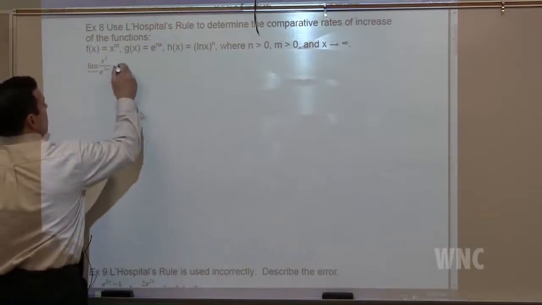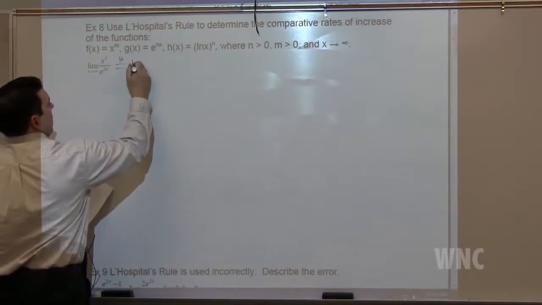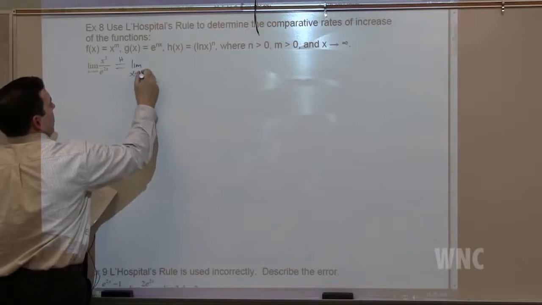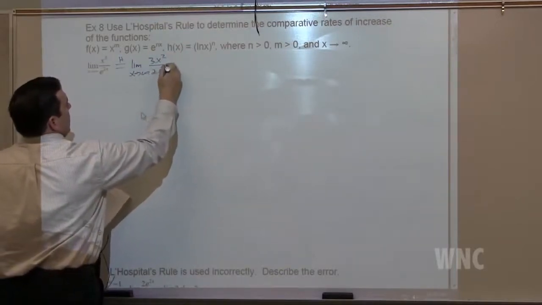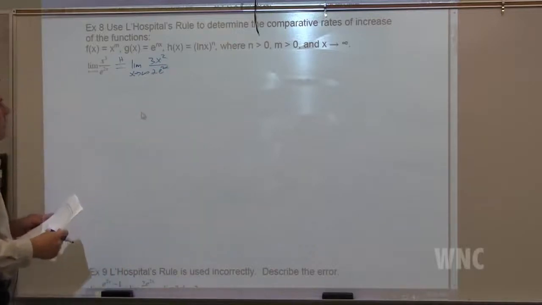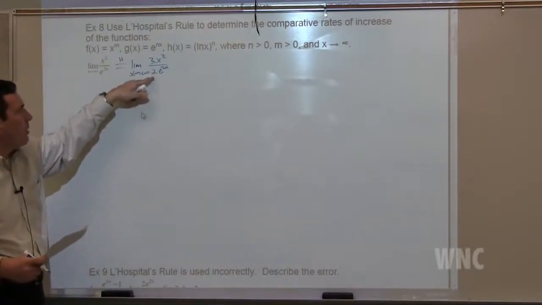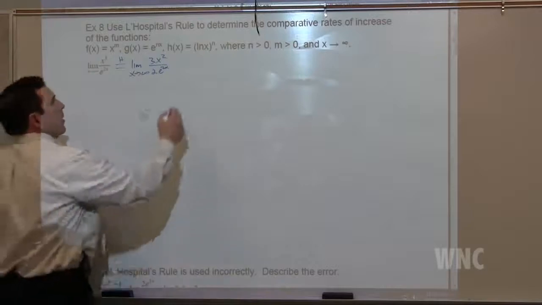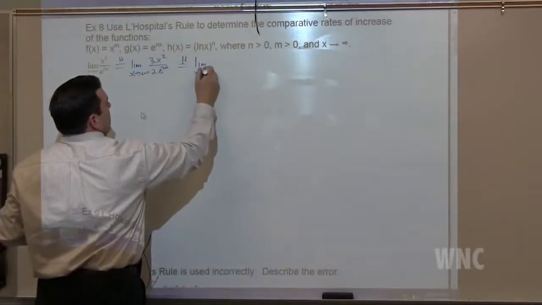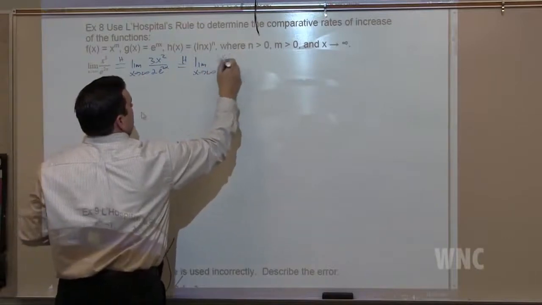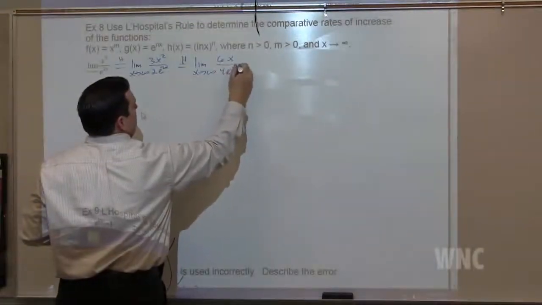So if we take L'Hopital's rule, we have the limit as x goes to infinity of 3x squared over 2e to the 2x. Plugging in infinity now, you're still going to have infinity over infinity. Take L'Hopital's rule again. That's going to be the limit as x goes to infinity of 6x over 4e to the 2x.